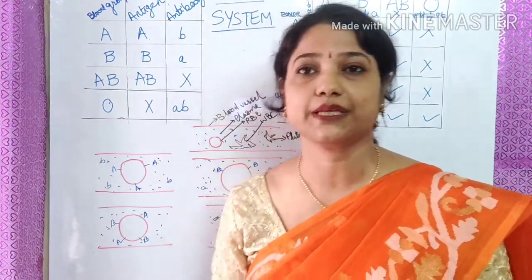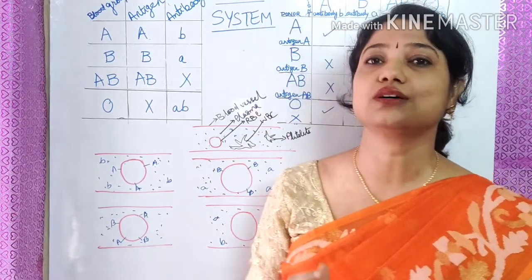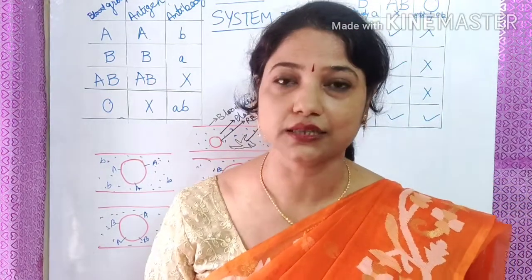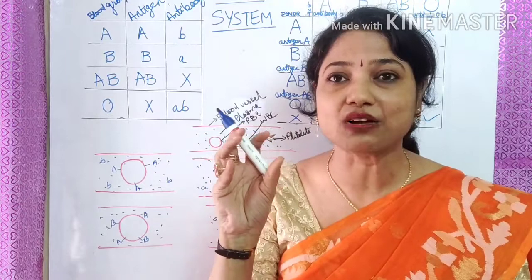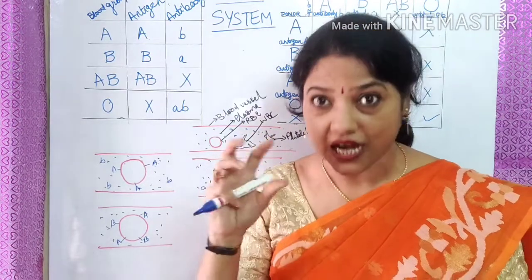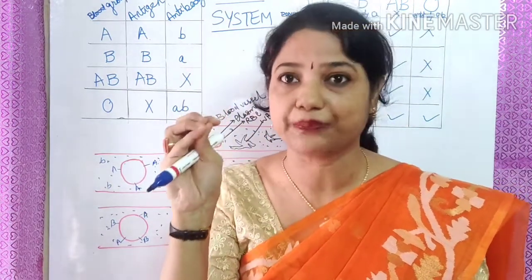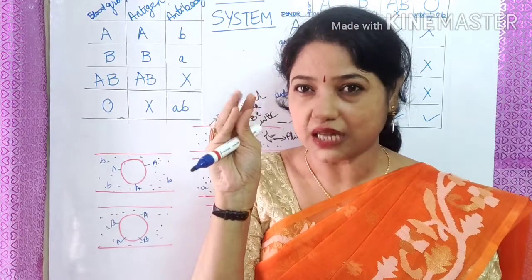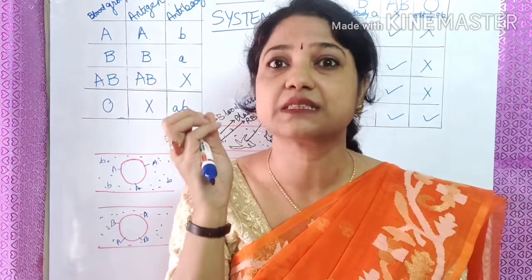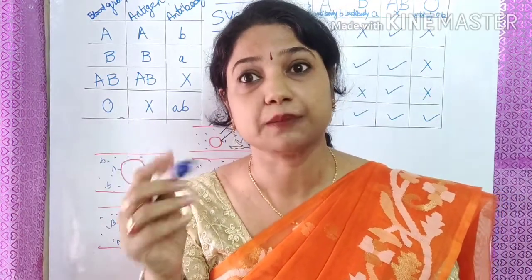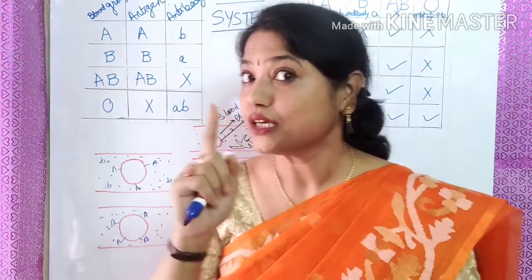Then there will be agglutination of the blood. What is agglutination? It means clumping of the blood cells. The RBCs will clump, they will just come together, and the blood will become thick and eventually the person will die.